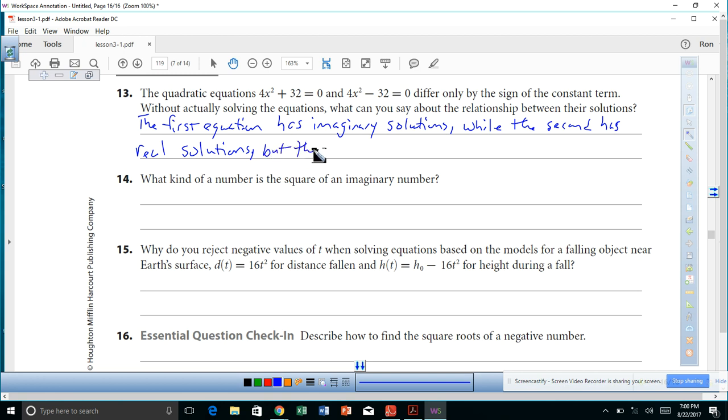But the solutions will only differ by the factor of the imaginary unit i.